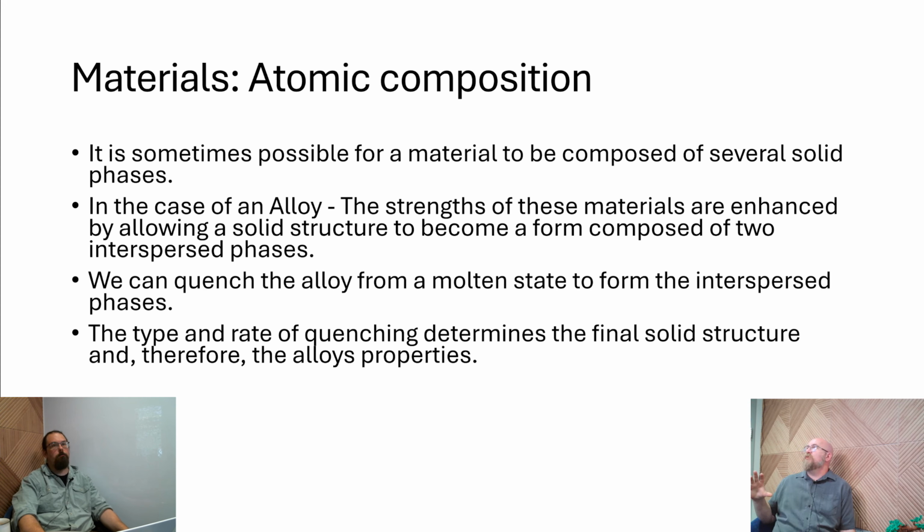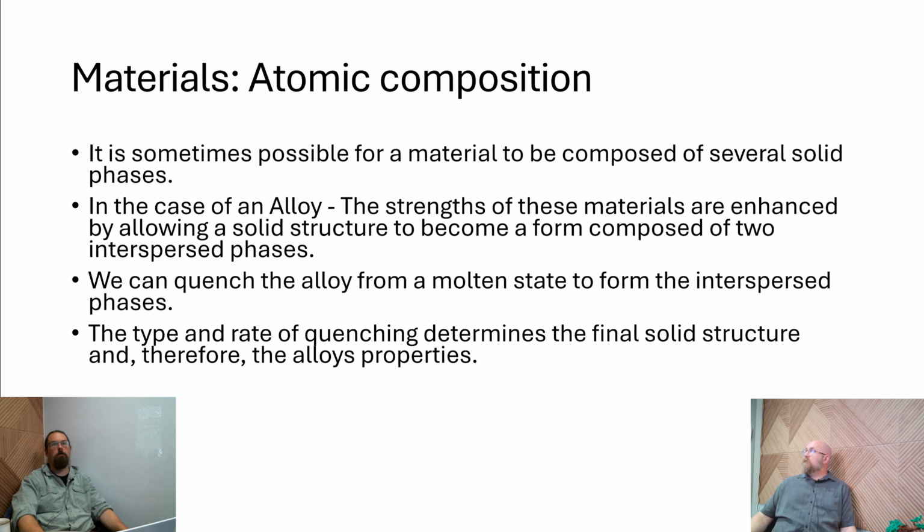When you quench the alloy from a molten state to form these interspersed phases, you get specific material properties. What's happening at each level of size, whether it's the atomic, the crystalline structure, or the grain structure, each one adds a little bit more to the eventual material properties that you get.